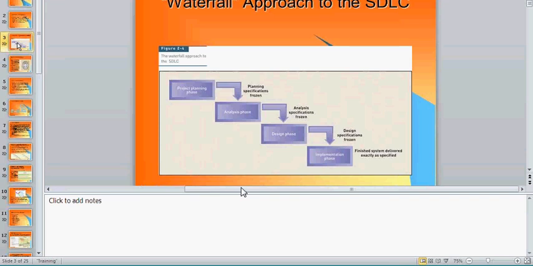Okay, so these are small variations. These don't account for much. The biggest two I've already talked about, the change and the object-oriented approach. Is everyone clear?